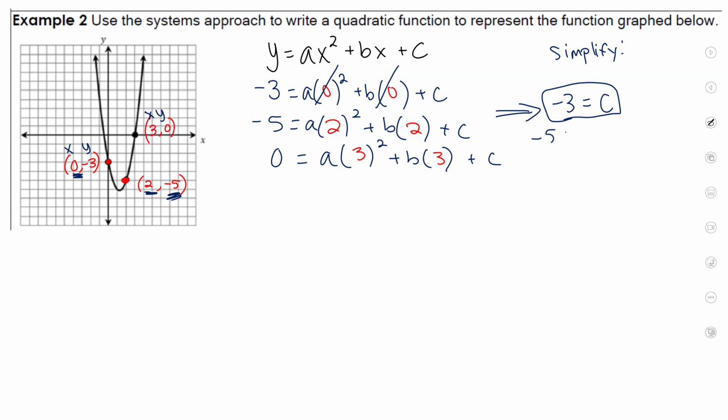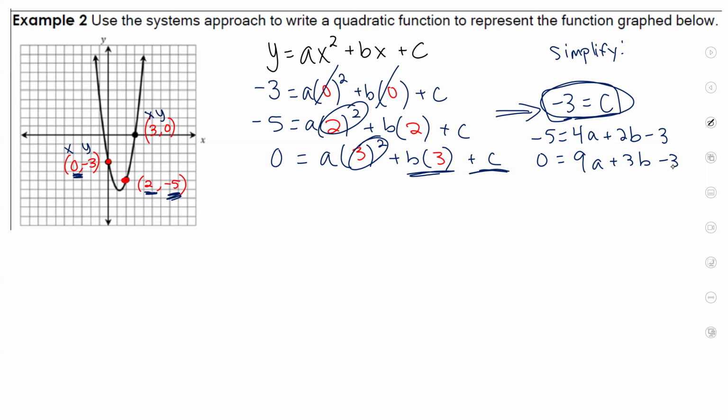Negative 5 equals 2 squared, that's 4a, plus 2b, and my c value is negative 3, so I'll just plug in a negative 3. And let's do the last one. 0 equals 9a plus 3b, because 3 squared is 9, that's how I get 9a. B times 3 is 3b. And then my c value, we said was negative 3, so I'll just put minus 3 on the back.